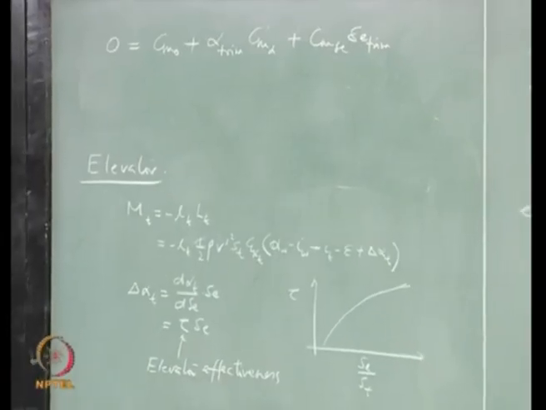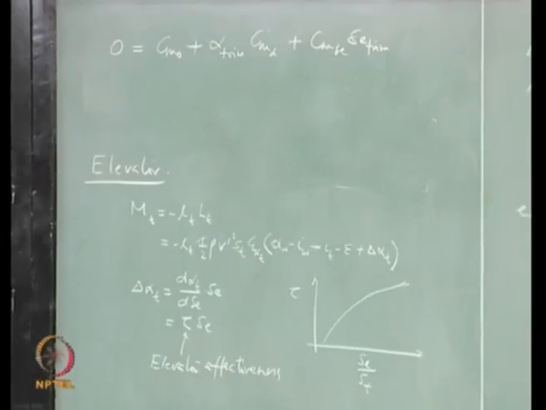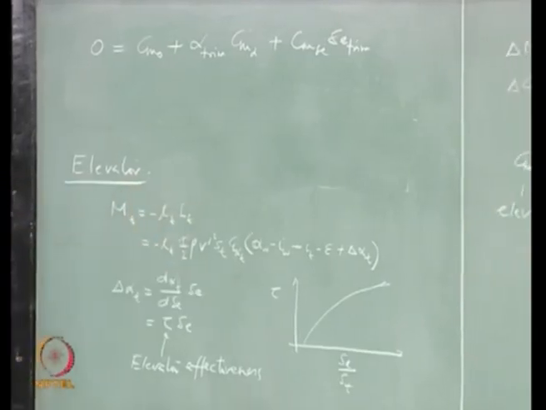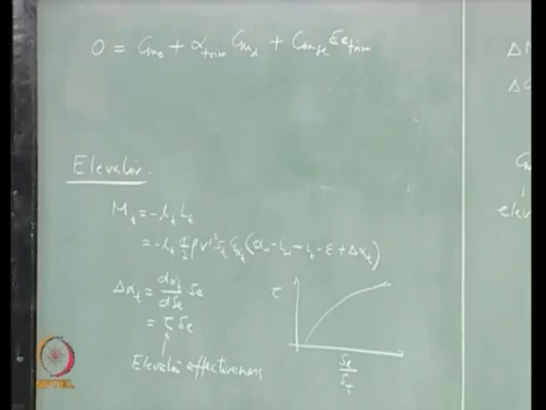So this is where there is an advantage of using this elevator. Many airplanes where you do not see a tail, there are airplanes where actually they change the CG to change the trim.